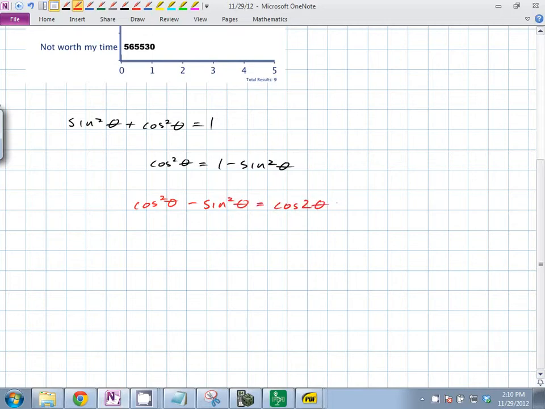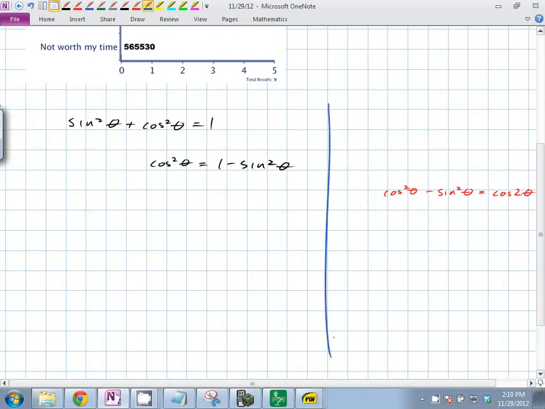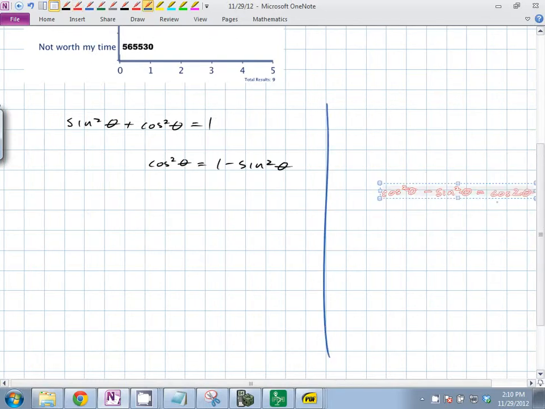Double angle. So let's rewind a little bit further. I want to go back to the base here. So you have this from something. What do you have this from? Cosine theta times cosine, the double angle. Can you remember what cosine of alpha plus beta is equal to? Cosine alpha cosine beta minus sine alpha times sine beta.